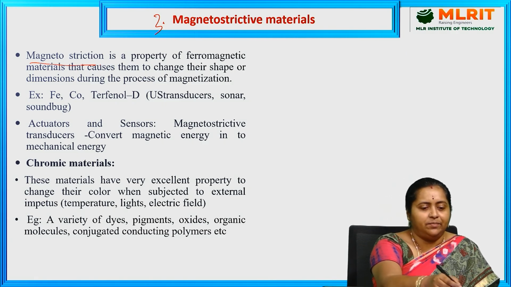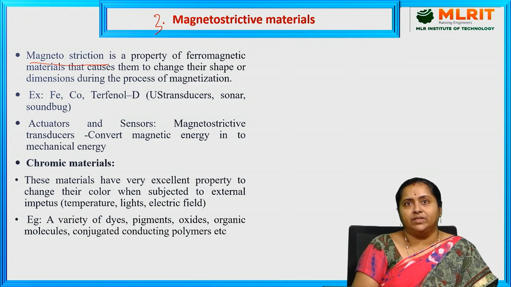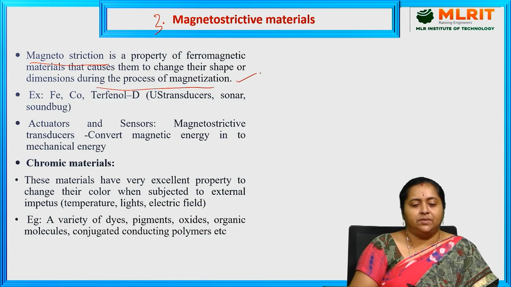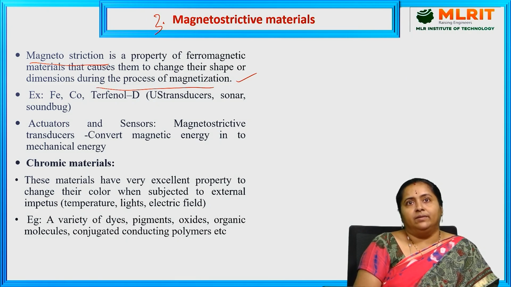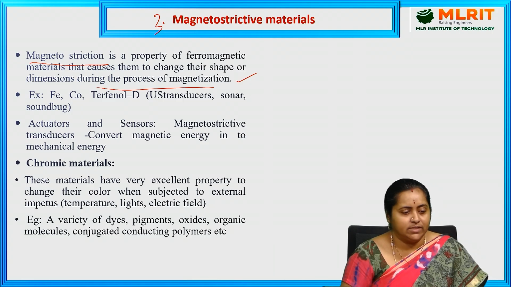Magnetostriction is a property of ferromagnetic materials that causes them to change their shape, or we can say dimensions, during the process of magnetization. That means whenever it is subjected to some amount of magnetic field, what kind of changes will come about in that material with respect to shape or dimensions. Such a property is what we call magnetostriction, and materials which exhibit such a property are called magnetostrictive materials.